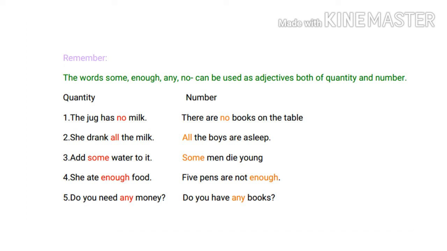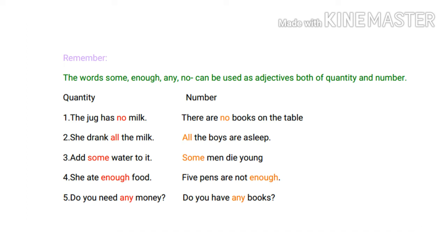Whereas when you say there are no books on the table, the adjective no denotes the number of books. Similarly, she drank all the milk. Here the adjective all refers to the quantity of milk that she drank. But you see this sentence, all the boys are asleep. Here the adjective all denotes the number of boys who are asleep.